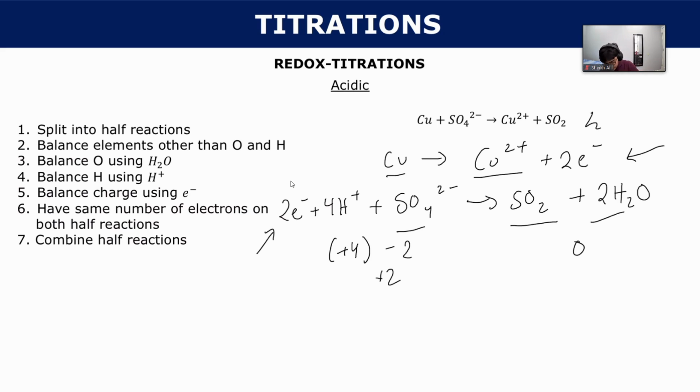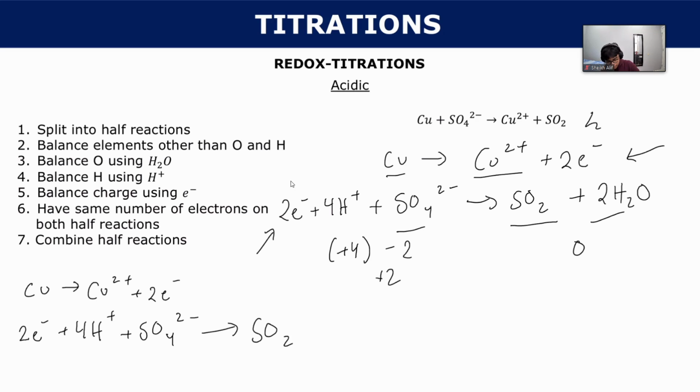Let me just write the half reactions right here so that's clearer. Cu plus 2 e- produces Cu 2+ plus 2 e-, and then 2 electrons plus 4 hydrogens plus SO4 2- produces SO2 plus 2H2O. And so let's combine these.